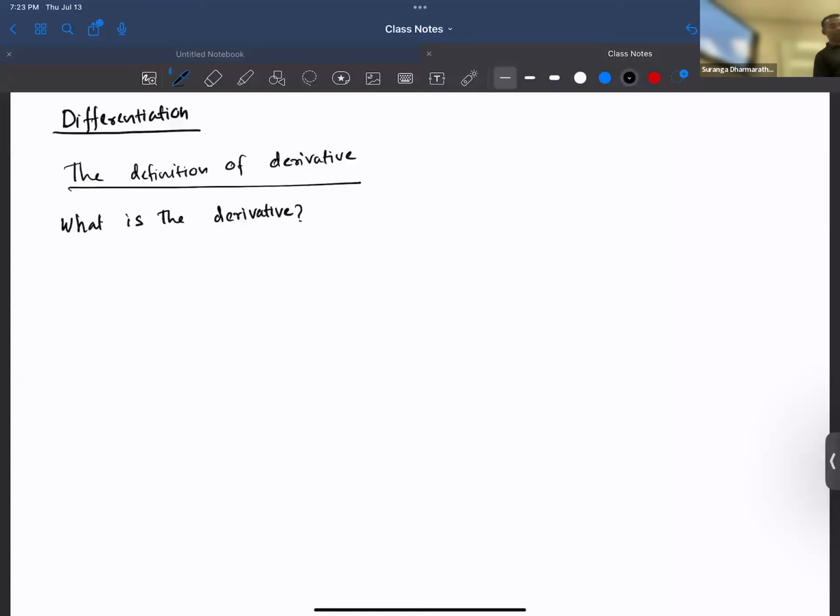Sometimes the derivative is expressed as a rate of change. Right, rate of change. And sometimes it's expressed as a slope of a tangent line to a curve at a certain point.